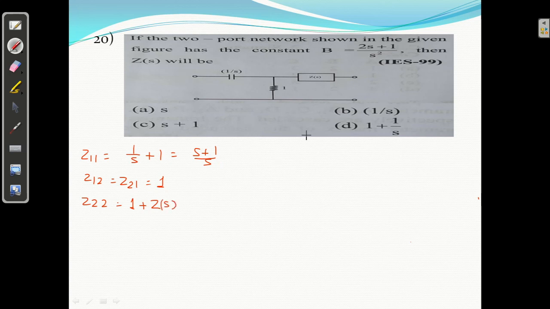Directly, if you write the KVL you will get this. Okay.